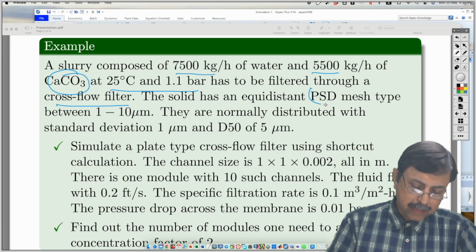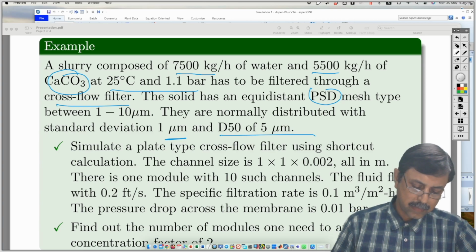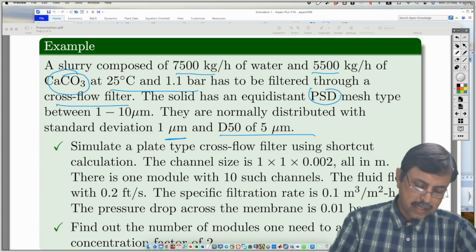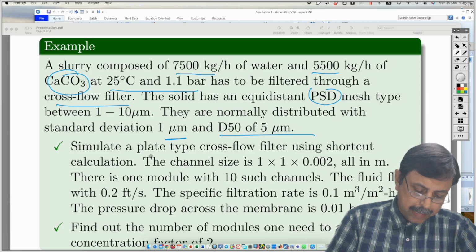The particle size distribution of that solid is given, and it is also said that they are normally distributed with a standard deviation of this much and d50 of this much. So standard deviation and d50 have been given. We have to simulate a plate type cross-flow filter using shortcut calculation.